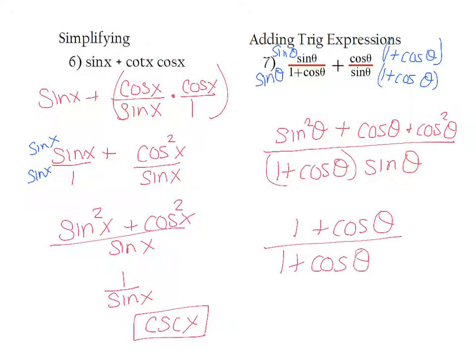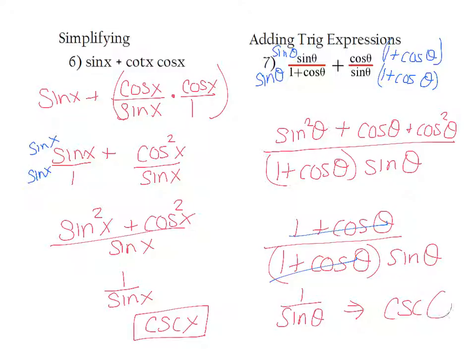Do you see how nicely this is going to work out for us then? Right here, we have a 1 plus cosine theta. We have a 1 plus cosine theta. Those get to cancel, and I'm left with a 1 over sine theta. It's like deja vu here, just cosecant theta.